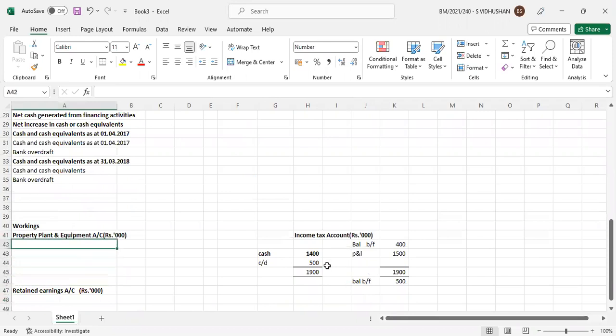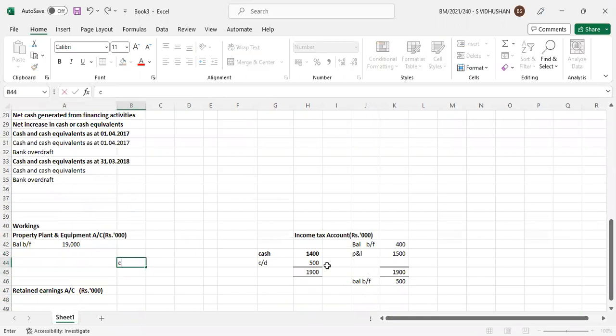Opening balance of 19,000, then you have a closing balance of 28,000.